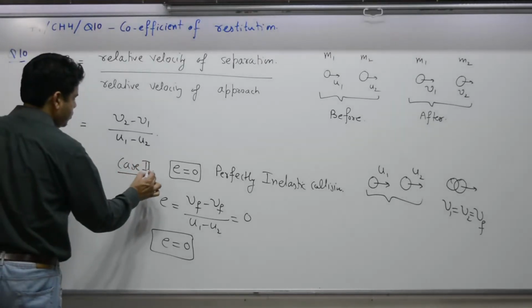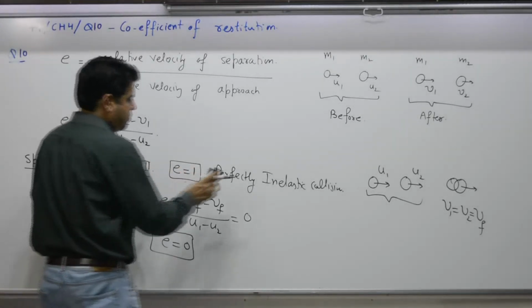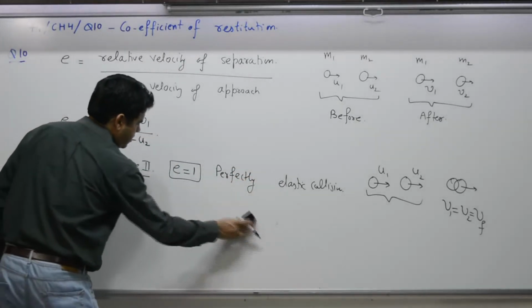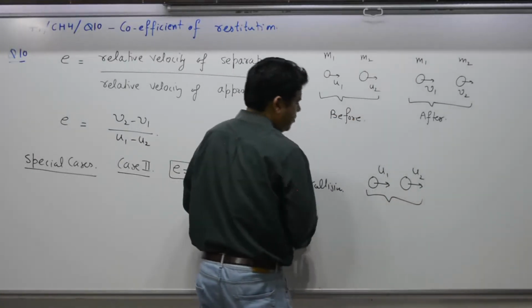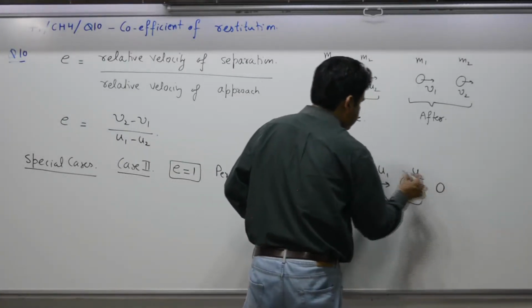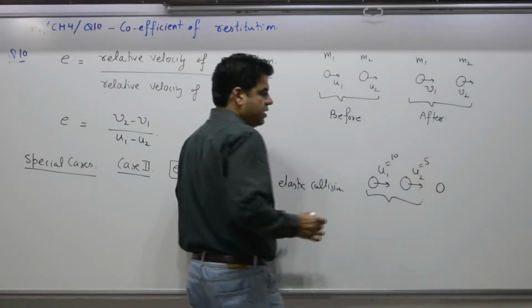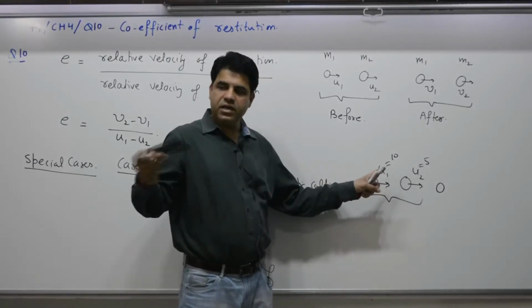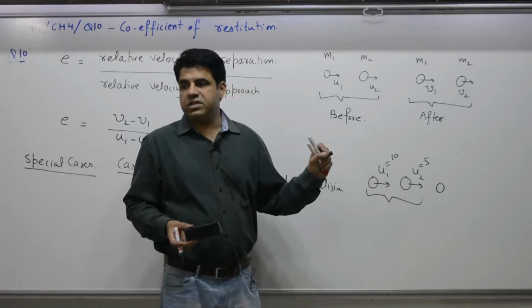Case number 2, E is equal to 1, a perfectly elastic collision. This is the photograph before. u1 is 10, u2 is 5. If two masses are equal, as we will take up in another question, the two particles exchange their velocities.